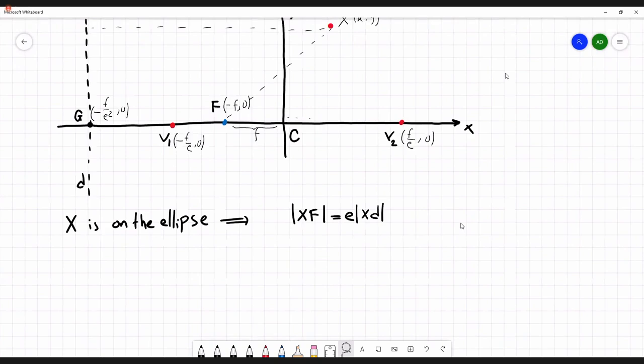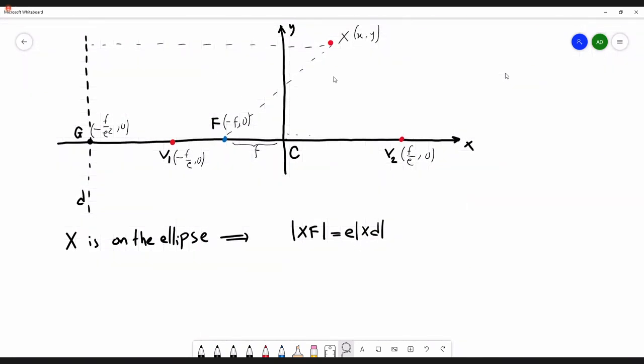Now, what is XF? In coordinates of these points, XF, the distance between X and F, is the square root of (x plus f) squared plus y squared. Let me write here. Actually, I am writing not XF but the square of XF: (x plus f) squared plus y squared.